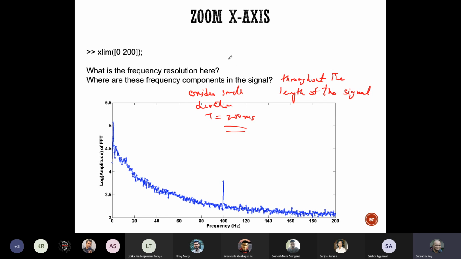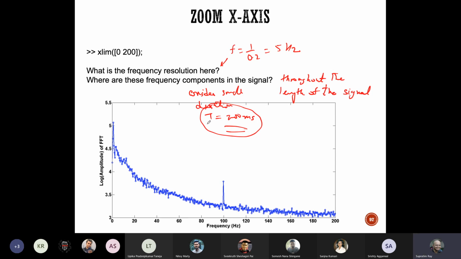However, if you try to do that, your frequency resolution will suffer. It will become 5 hertz. So to get better time resolution, you will have to sacrifice your frequency resolution. And in fact, the product of these two is 1.